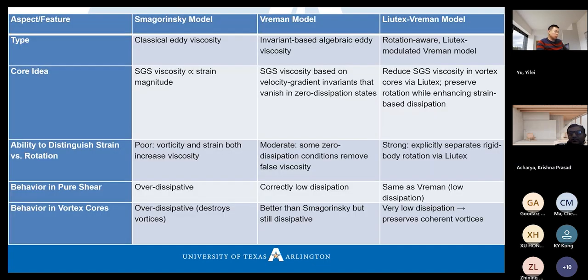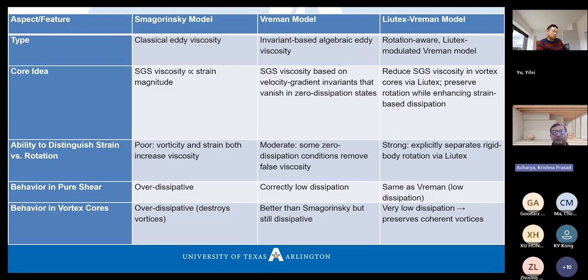Let us conclude for the three models: Smagorinsky model, Vreman model, and Liutex Vreman model. There are 4 columns. The first column describes the aspect or feature, the second one Smagorinsky model, the third one Vreman model, and the fourth Liutex Vreman model. The type: Smagorinsky, classical eddy viscosity; Vreman, invariant-based algebraic eddy viscosity; Liutex Vreman, rotation-aware, Liutex-modulated Vreman model.